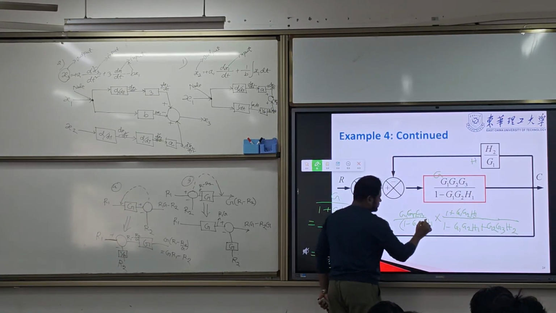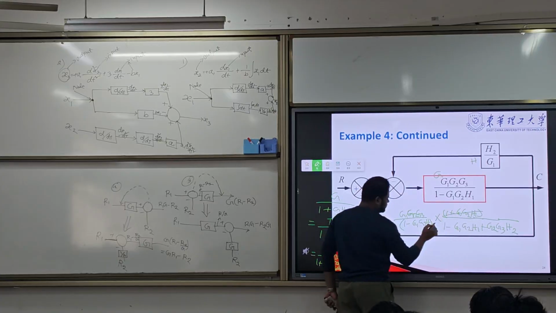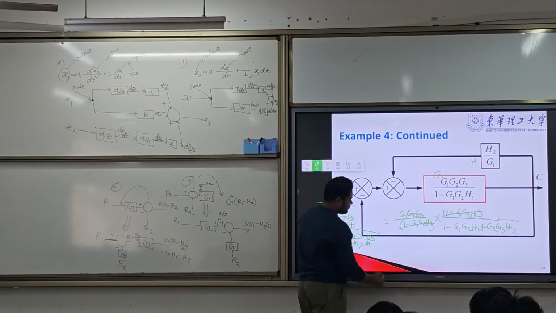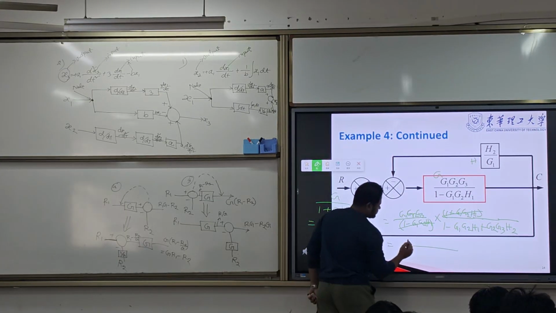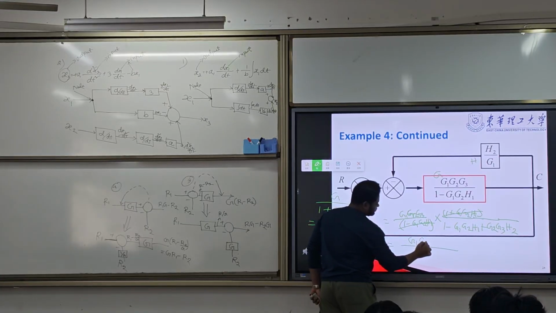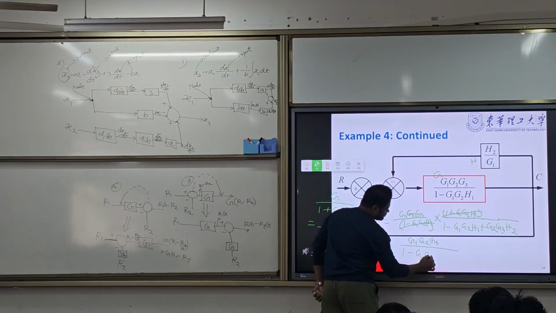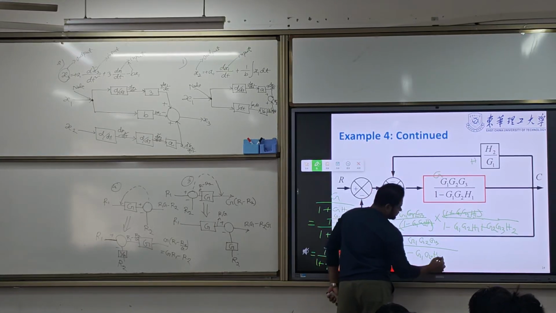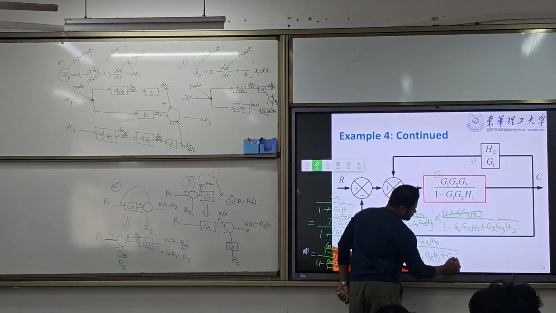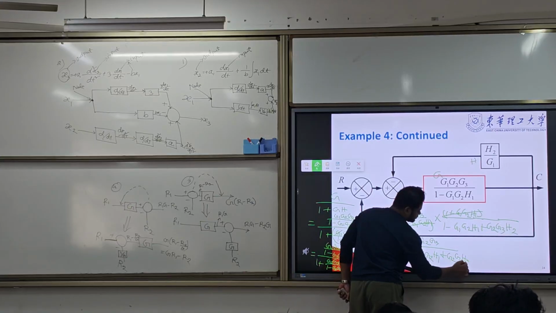So this term will be gone, and we will have the total final value is G1, G2, G3, G1, G2, H1 plus G2, G3, H2.